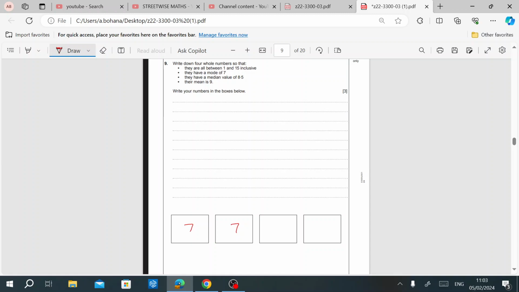Now, with median, that means that the two numbers there, when added together and divided by 2, must equal 8.5. So all you've got to do is 8.5 times 2, which is 17. So this plus this must equal 17, because half of 17 is 8.5, so that must be 10.